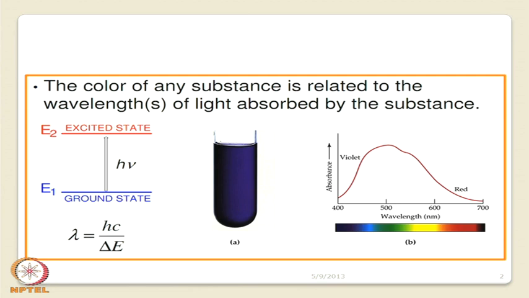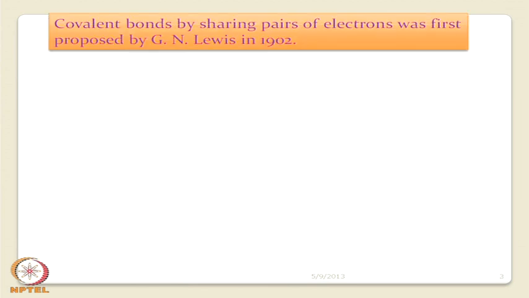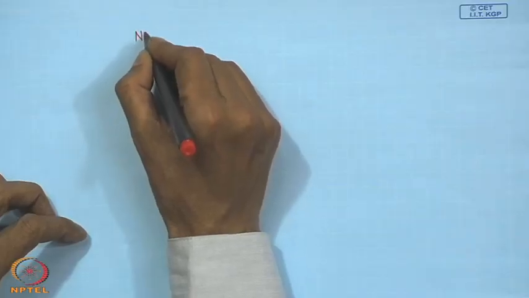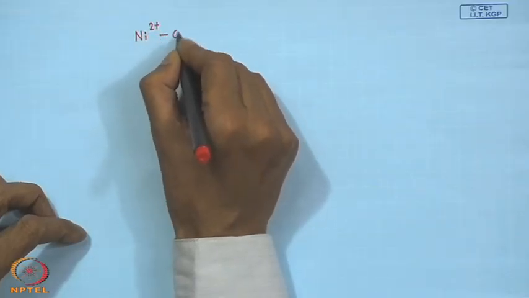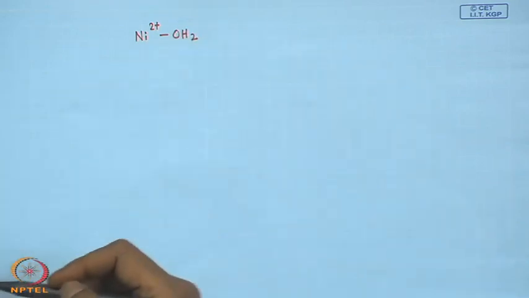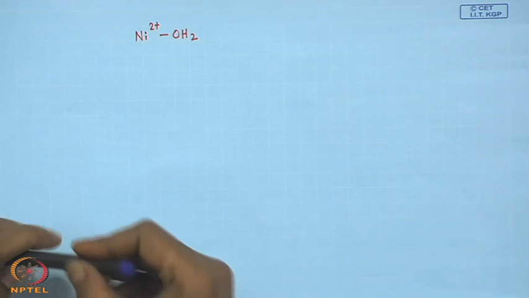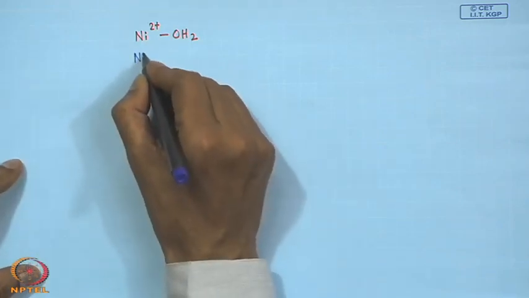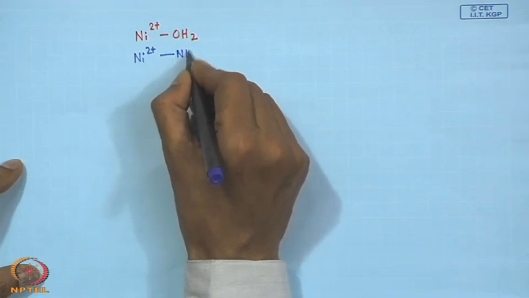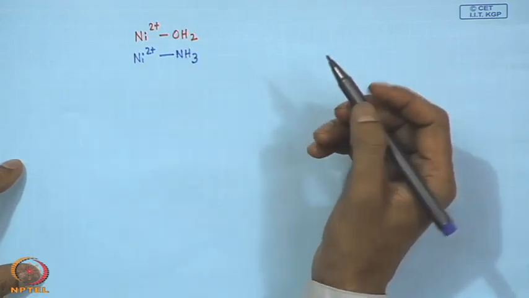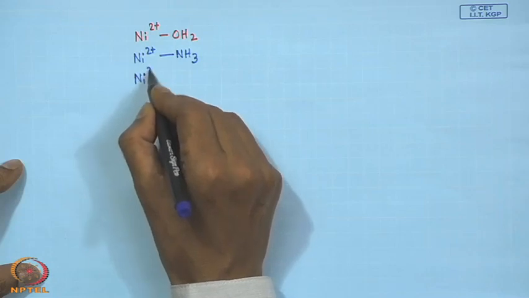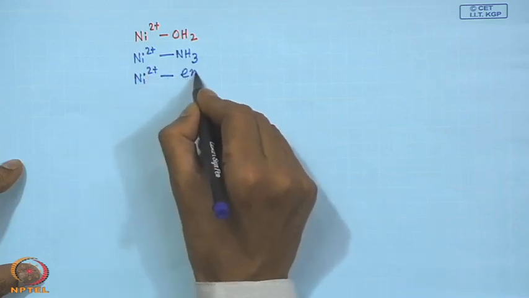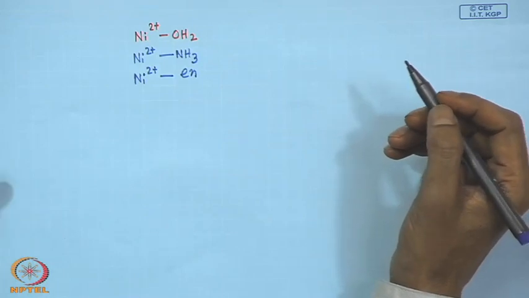So, if we can have a corresponding bonding theory for the metal and ligand interaction, such as the interaction between the metal center and the water molecule itself, how can we modify this interaction of OH2, where water is the ligand, then Ni2+ with ammonia, where water is replaced by ammonia, and then the interaction with the bidentate chelating ligand ethylenediamine?